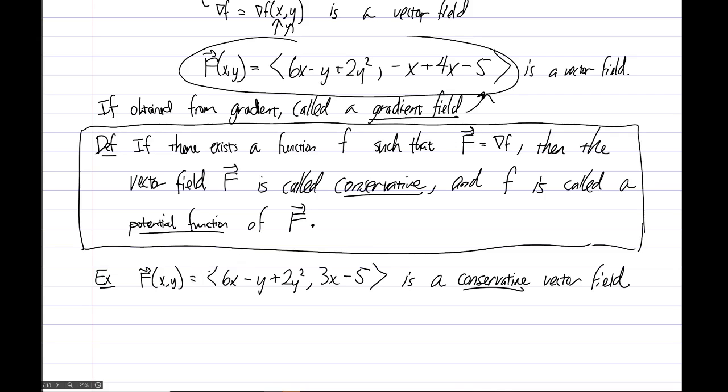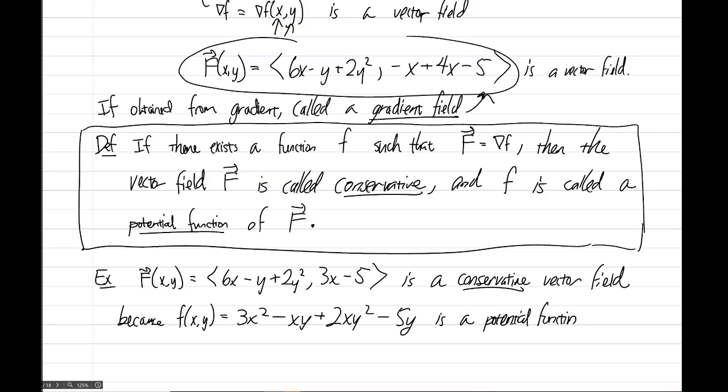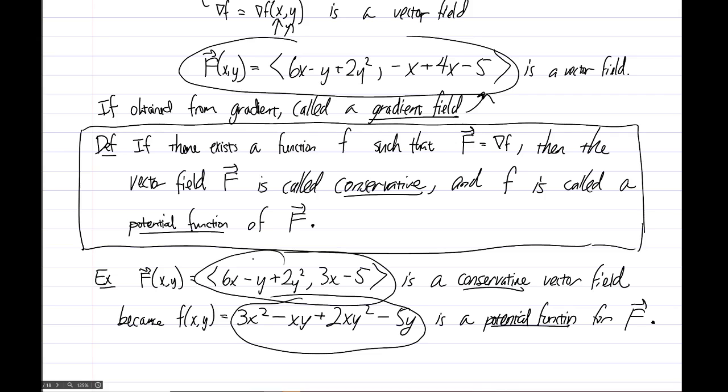Why? It's because the function lowercase f of x comma y equals 3x squared minus xy plus 2xy squared minus 5y is a potential function for capital F arrow. If you were to take what I just circled here, compute the gradient, so find the partial with respect to x, partial with respect to y, you should be getting that vector right there.